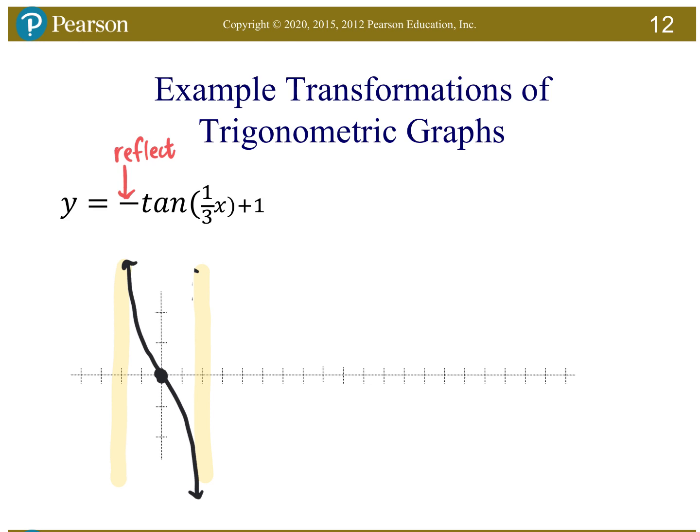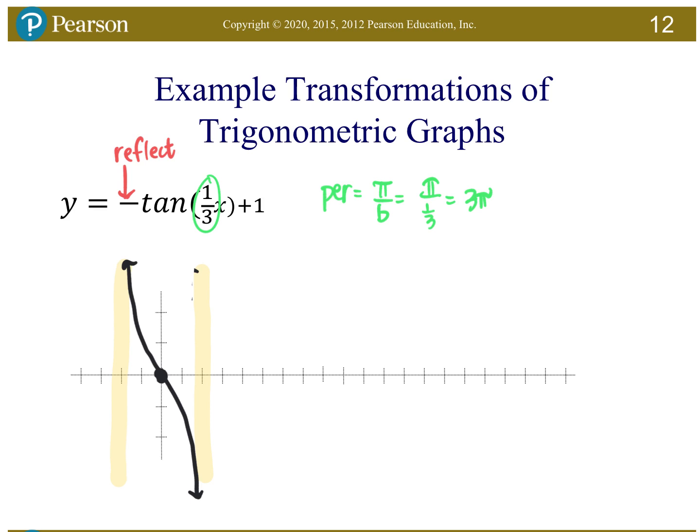All right, so this is where we've got to use the 1/3 to figure out our period. So our period is pi divided by b. That's pi divided by 1/3, which is 3 pi. Okay, now the period for tangent is equally spaced between the asymptotes.